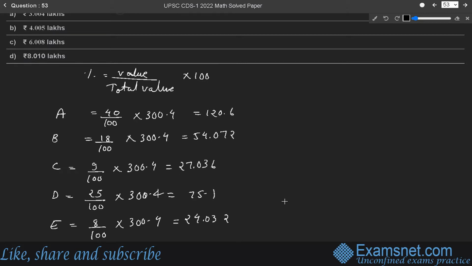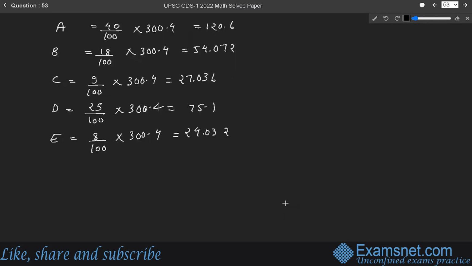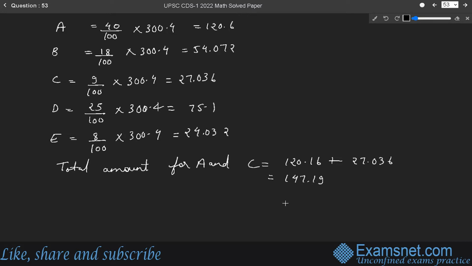Now you can see that the total allocated amount for A and C will be 120.16 plus 27.036, which gives 147.196.